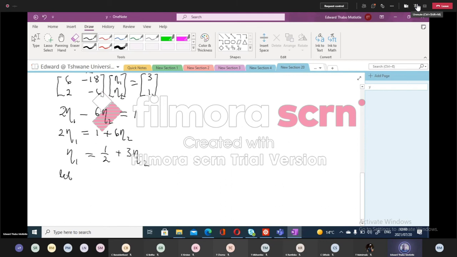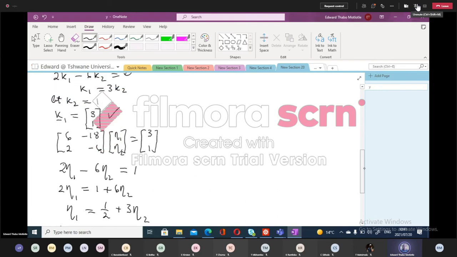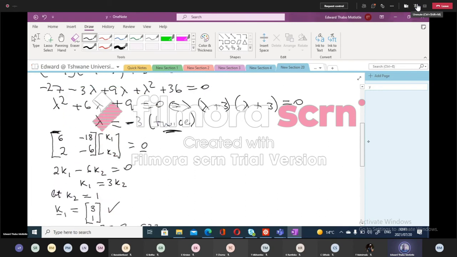So if I let mu2 to be equals to 0, then it implies that mu will be equals to 1 over 2 and 0. So like I said, the choice is yours. It will depend on what you choose. I decided to choose 0. You can choose anything. So now we have managed to solve. This is how you solve repeated eigenvectors.